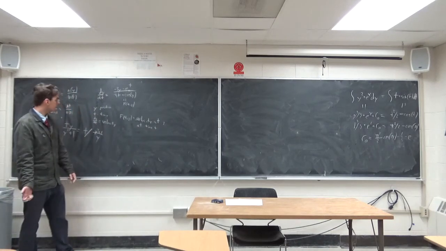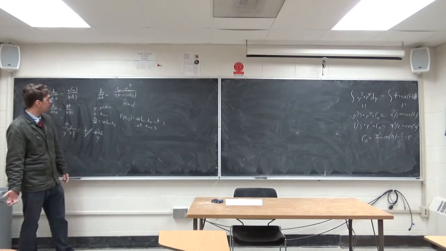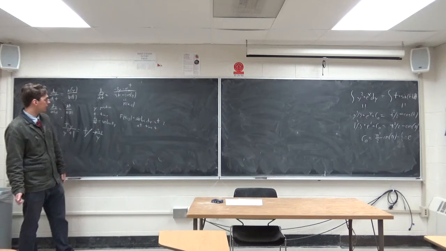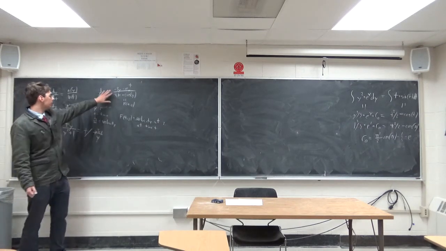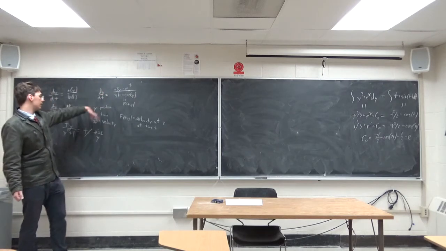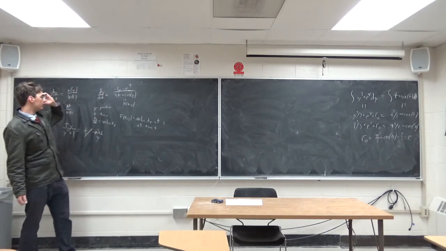Where can I go? What can I do in order to move this around? Well, one thing is maybe I can rewrite this a bit. Maybe I can play around with this and get it into a better form.